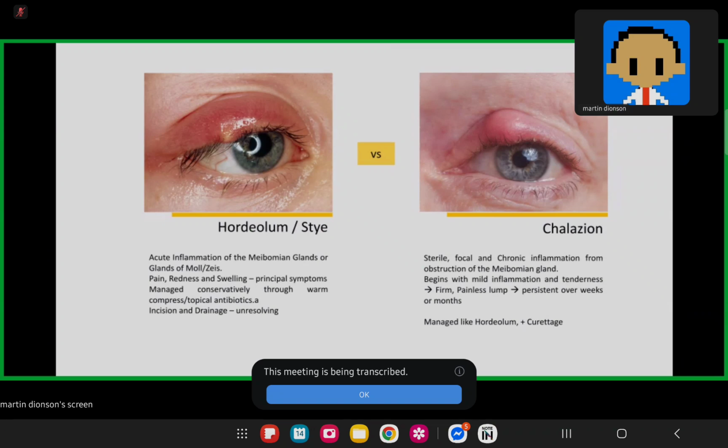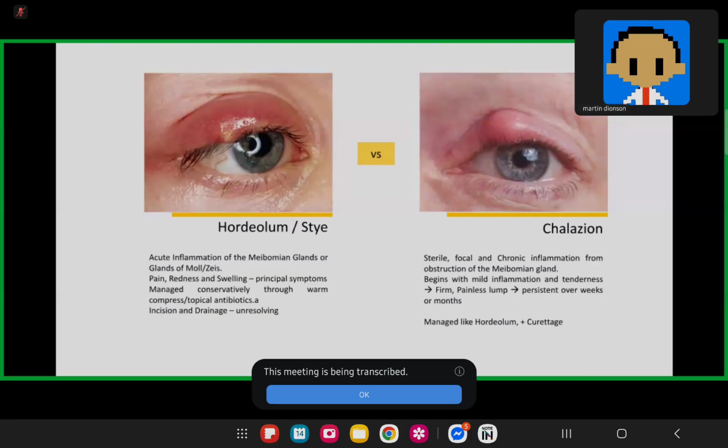Versus a chalazion, which is a sterile, focal, and chronic inflammation due to obstruction of your meibomian gland. So basically, your sty is acute, while chalazion is chronic. Mainly, your chalazion is sterile due to obstruction of your meibomian gland.